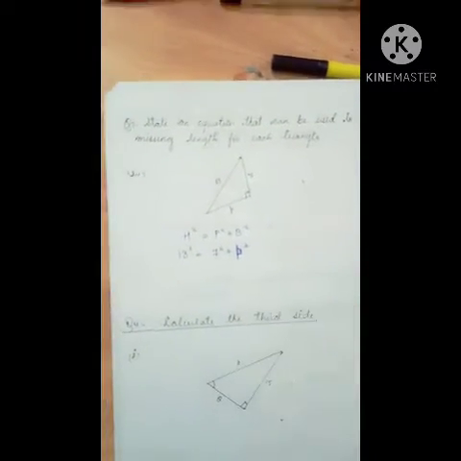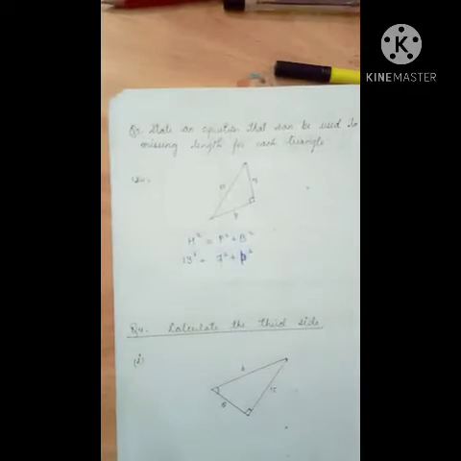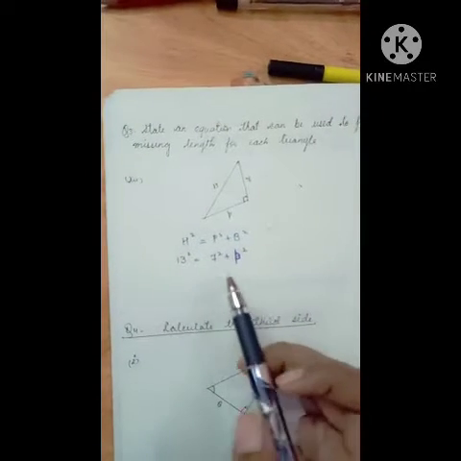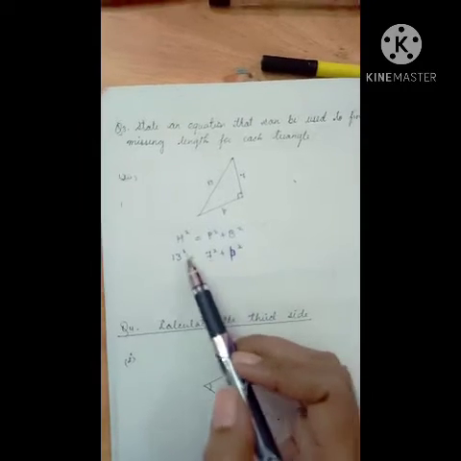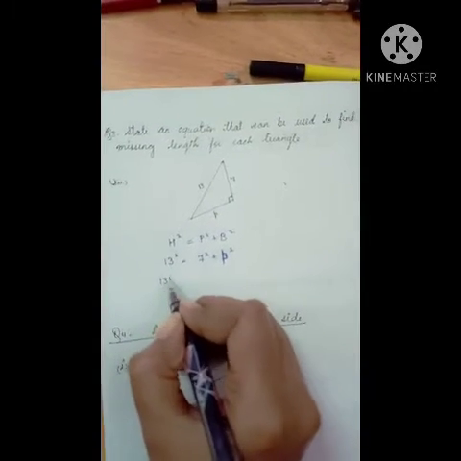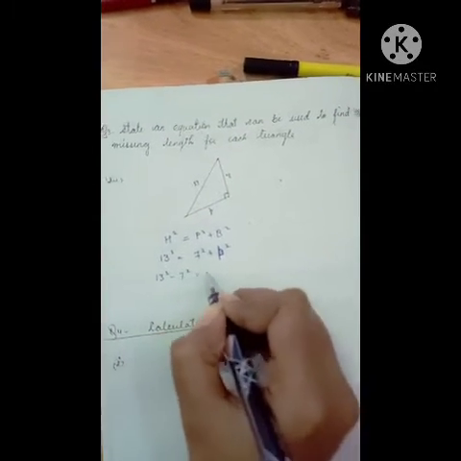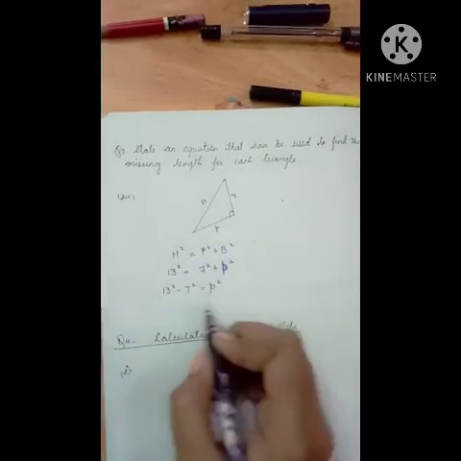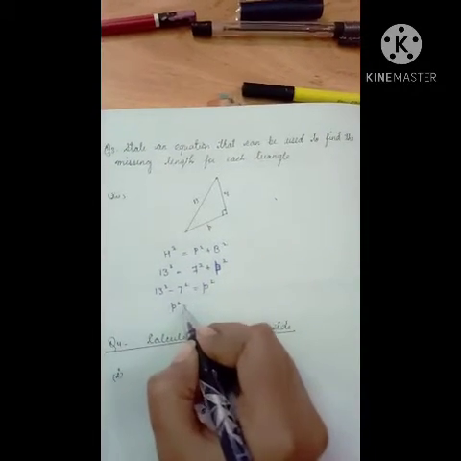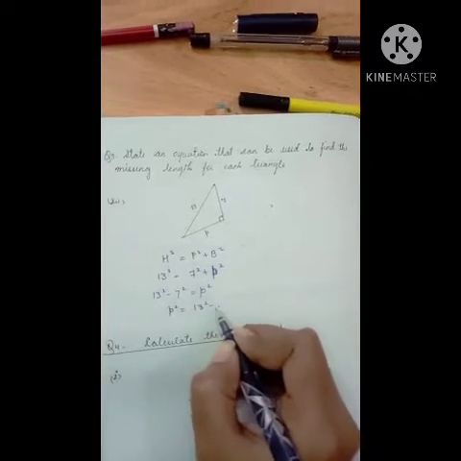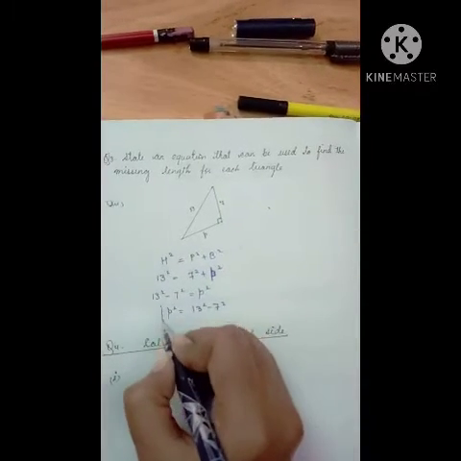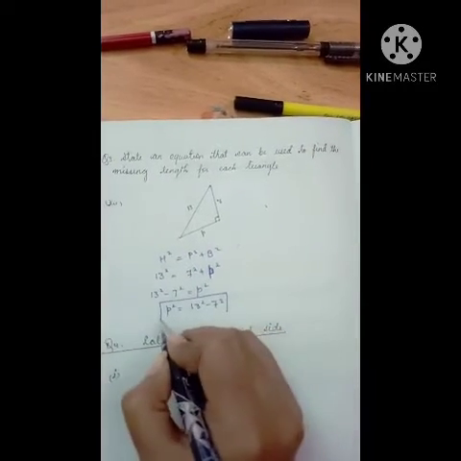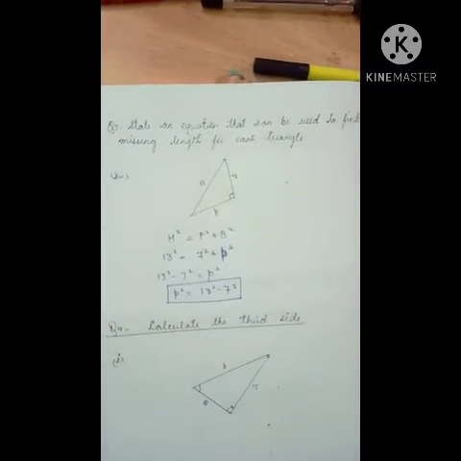So what we do here, we transfer this 7 square this side, 13 square minus 7 square, here we get P square. So the equation is 13 square, P square is equals to 13 square minus 7 square. This is the equation.